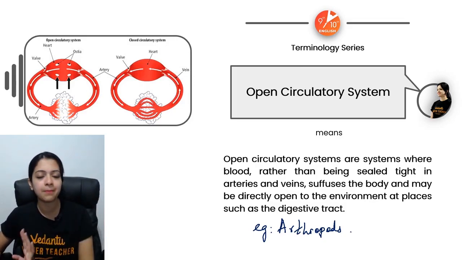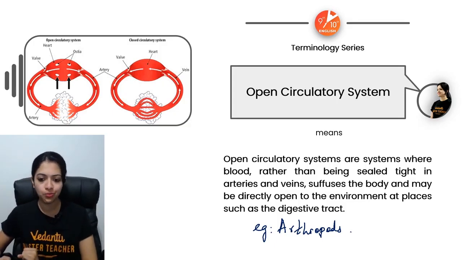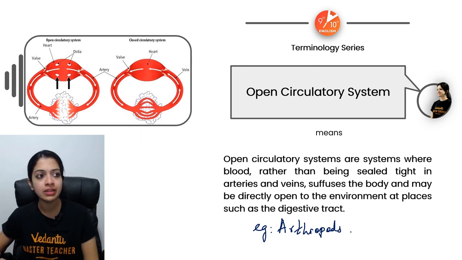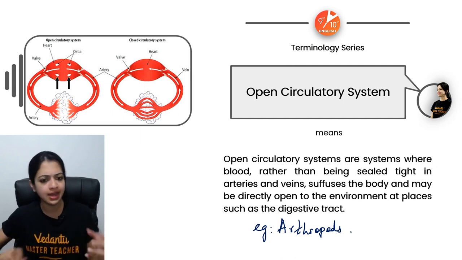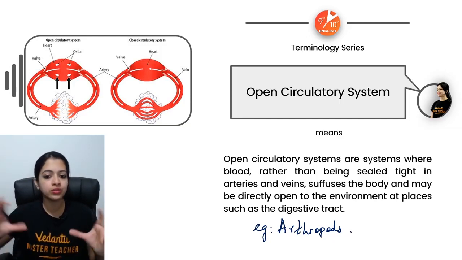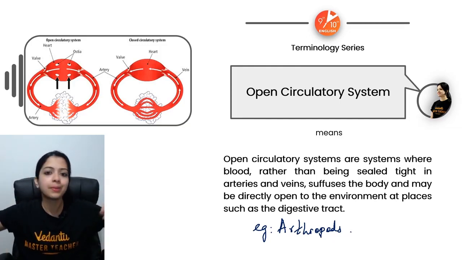Cockroaches, all of those come under Arthropoda, phylum Arthropoda. So that's a very good example for an open circulatory system. Even Mollusca, phylum Mollusca, and many such invertebrate phyla, they would be an example for an open circulatory system, wherein the blood is not confined to blood vessels.